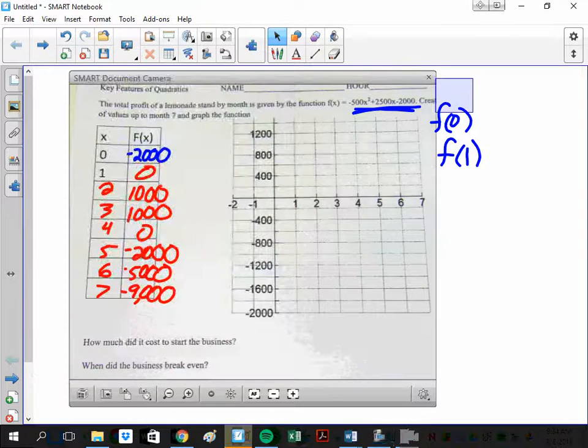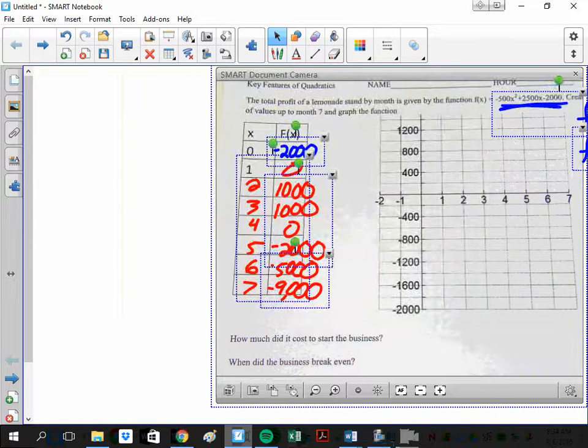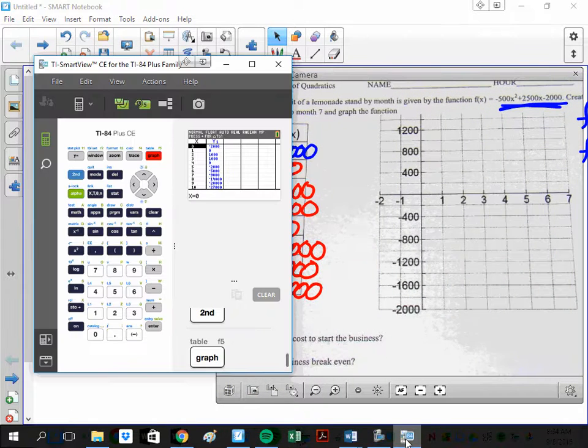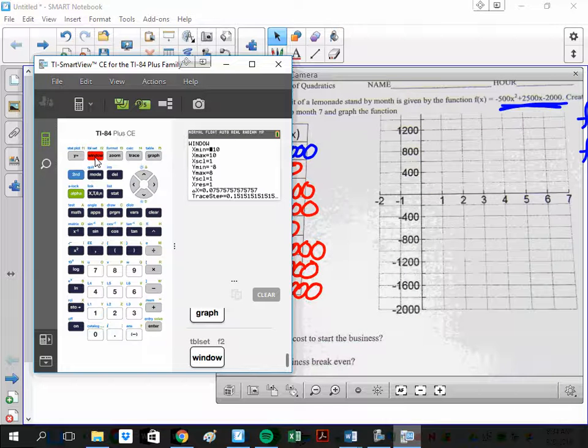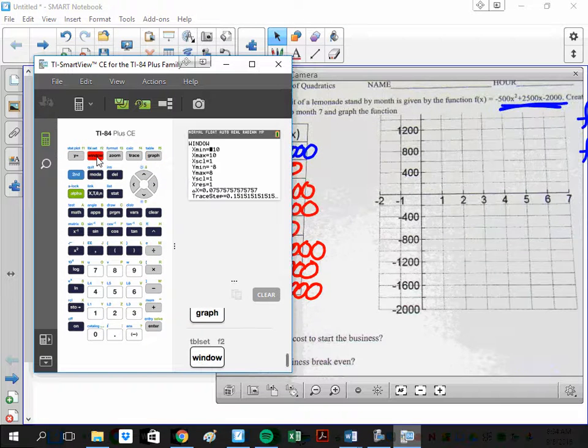So if you push window, right now on my graph I can see the roots, but I can't see much of anything else. So if I go into window, what would I change my X window to be able to see what I want to see?